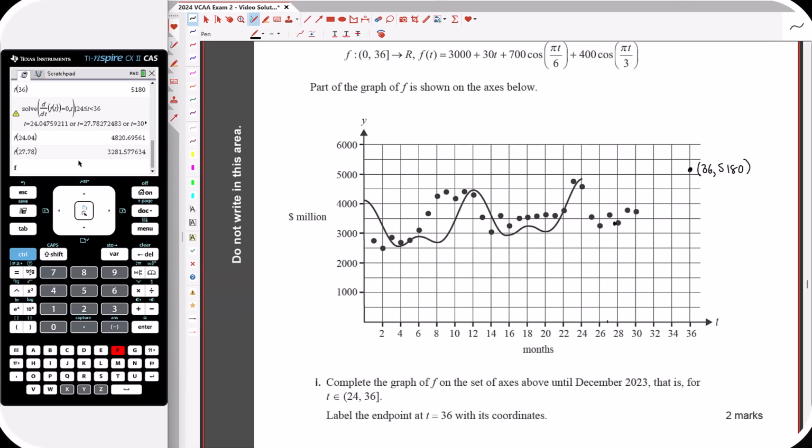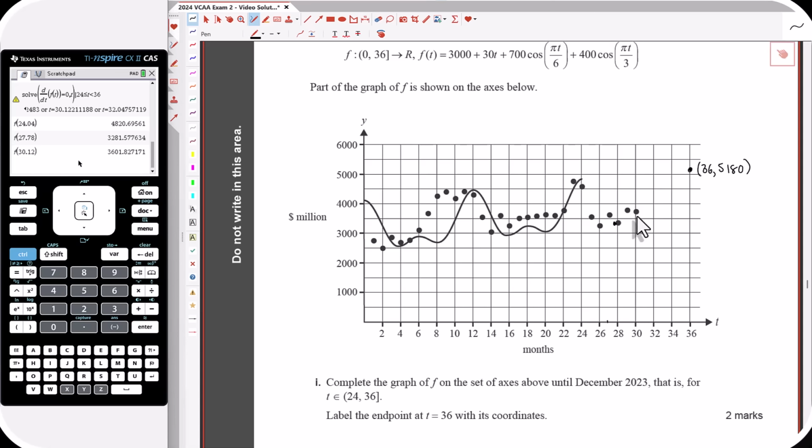Let's go back up here, so scroll across so we can see these other values. Let's do f of 30.12. Okay, so it's about, let's say, a little bit past 30 and 3,600.